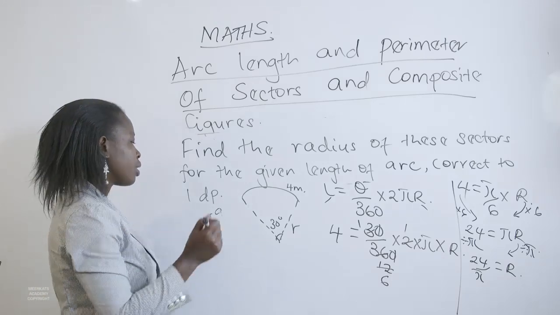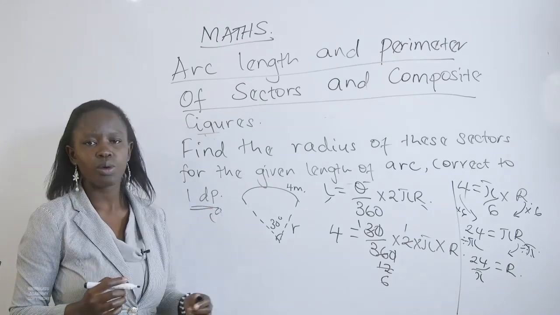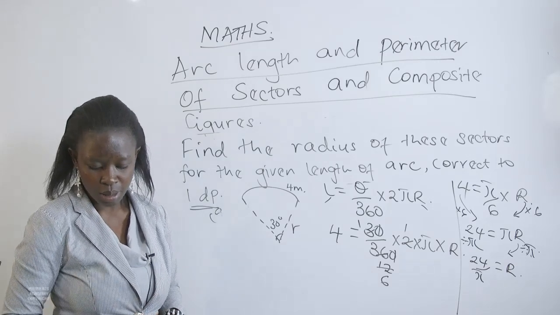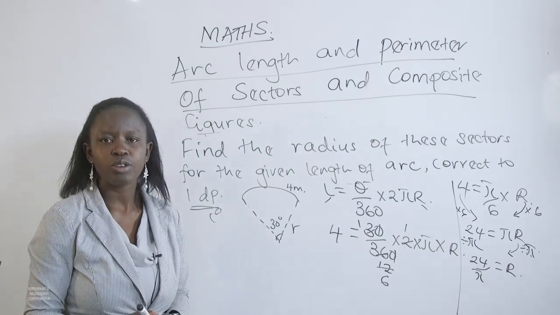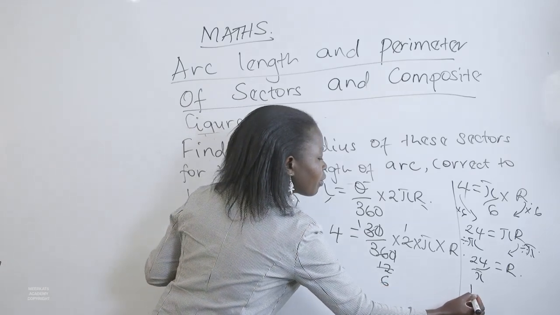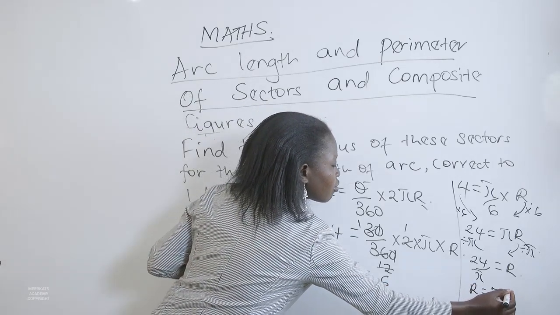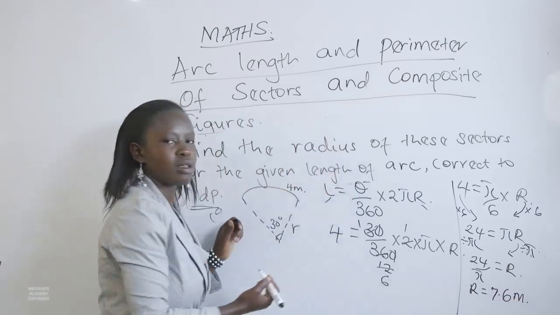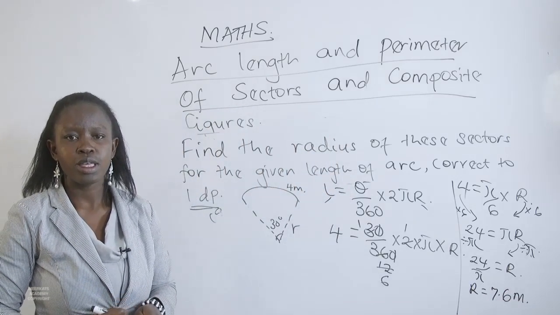Remember, the question requires us to give our answer to 1 decimal place. So 24 divided by pi gives us 7.6 meters.